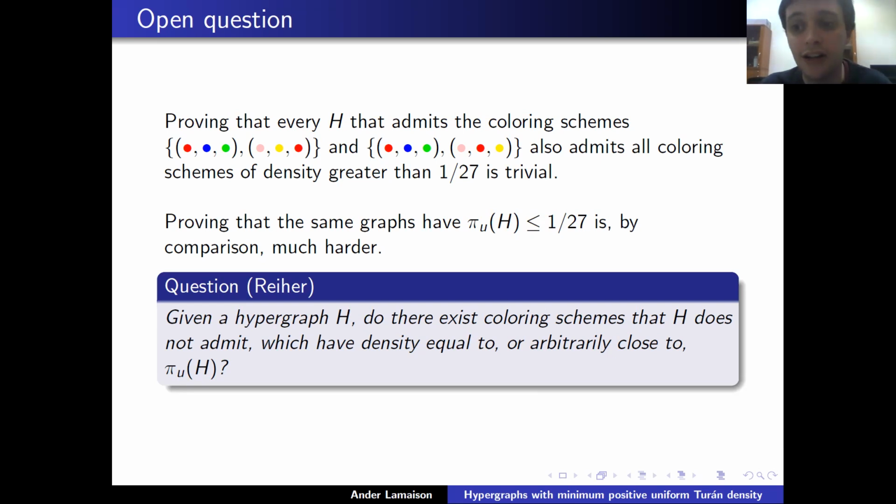But turning this question into uniform Turán density, showing that the uniform Turán density of cycles was 4/27, took a lot more.